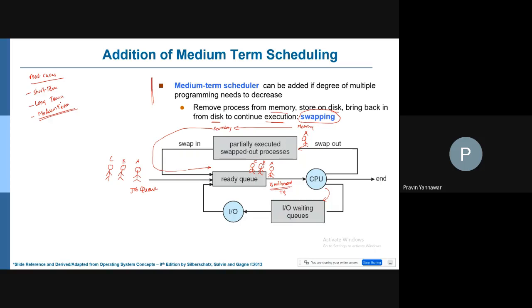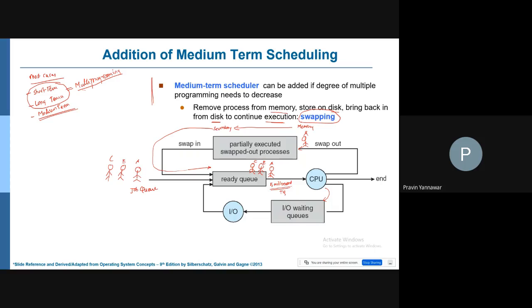So there is no point in minimizing the degree of multi-programming. In most cases, that is the reason we are interested in allowing multi-programming.